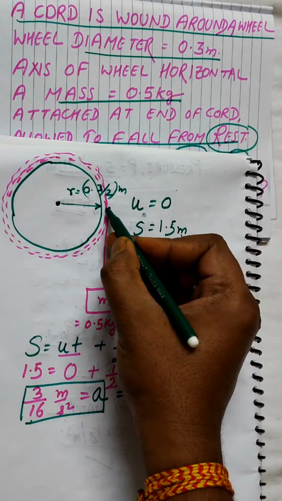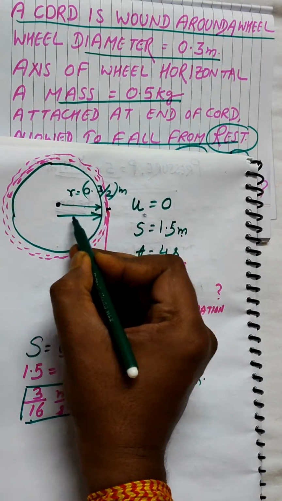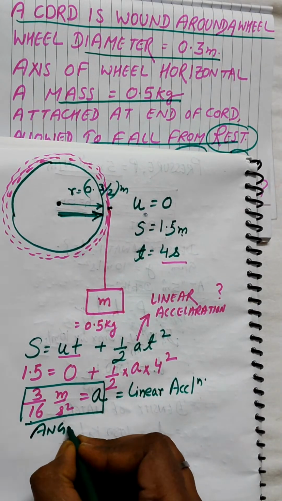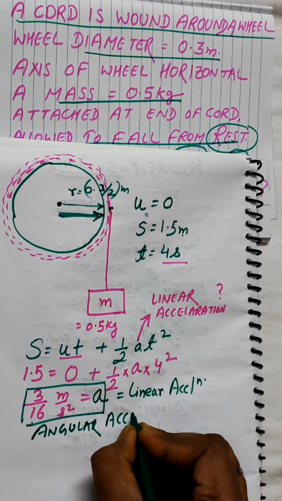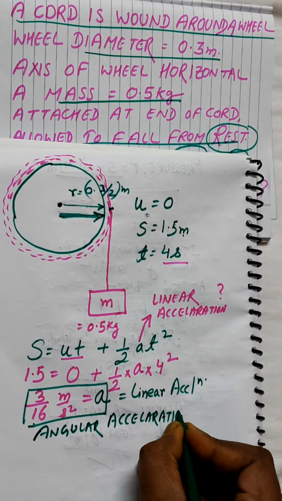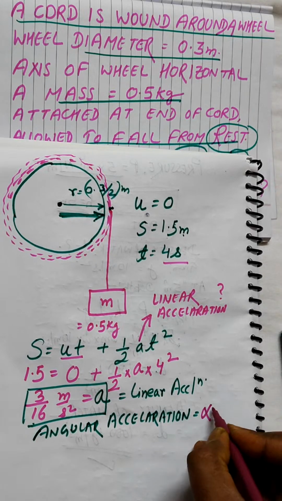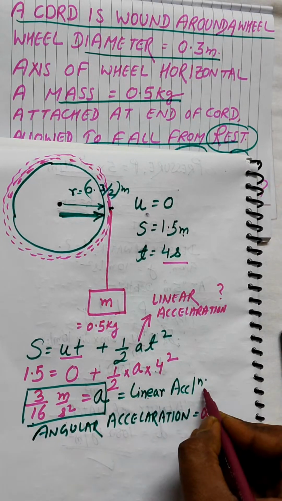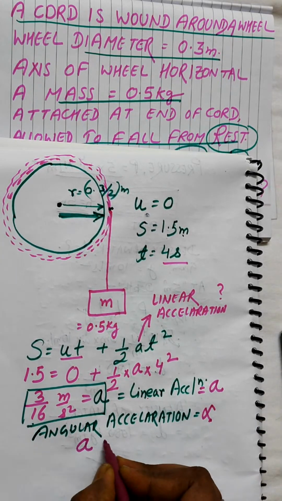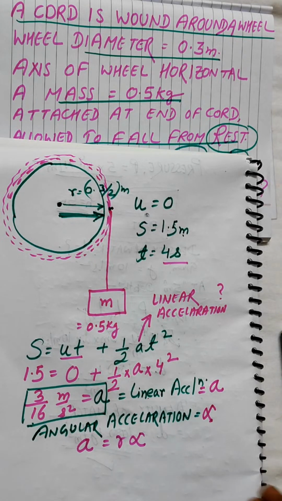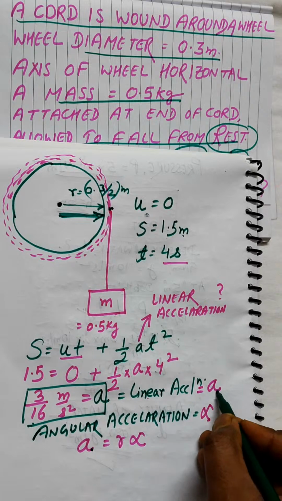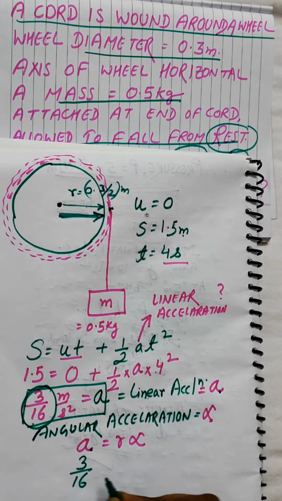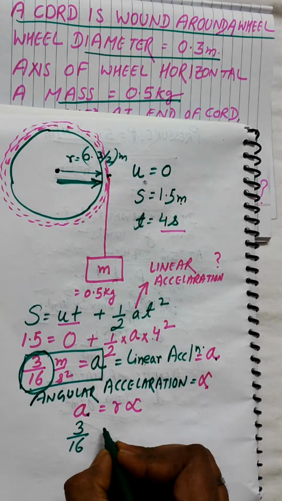If the body is suspended from here and this is the radius, then angular acceleration, generally denoted by alpha, is related with the linear acceleration a as a equal to r alpha, where a is the linear acceleration. So put the value of 3 by 16 over here.